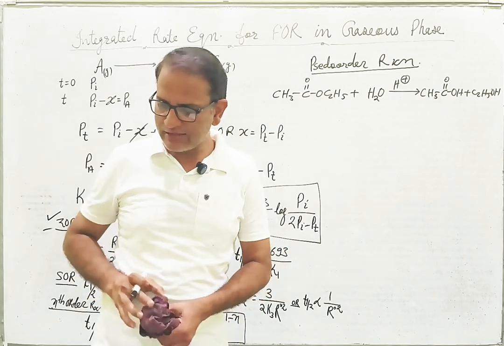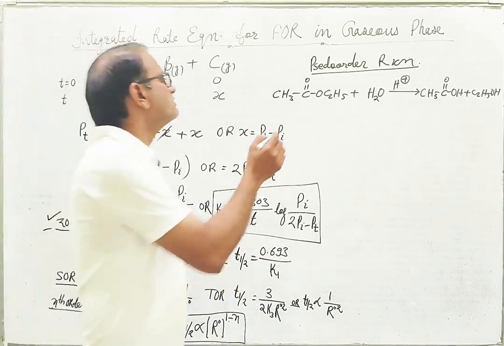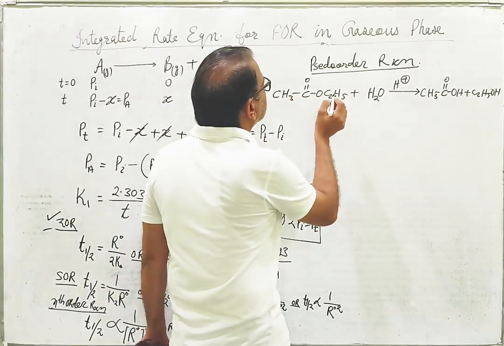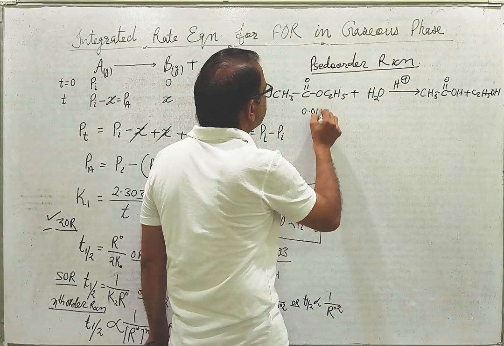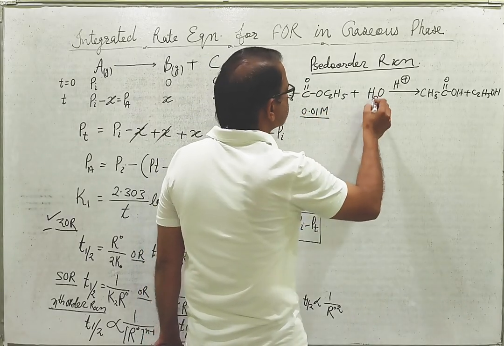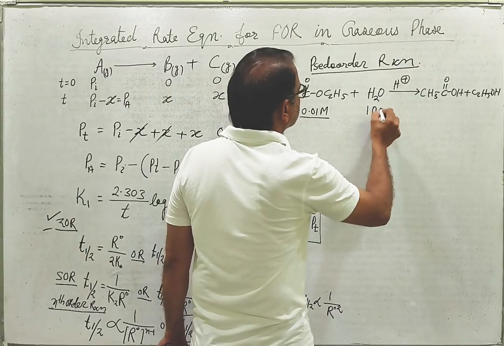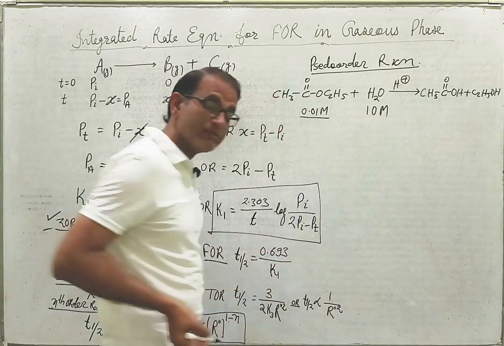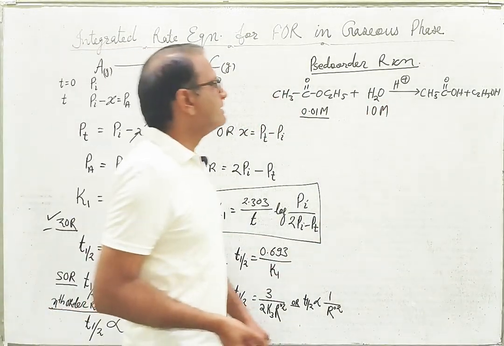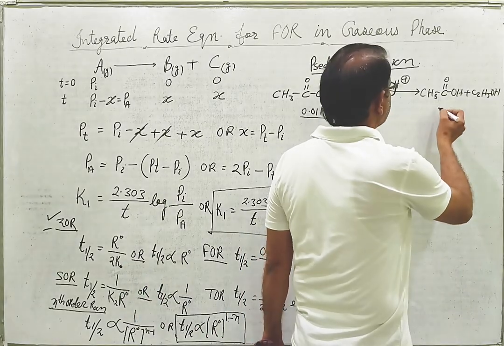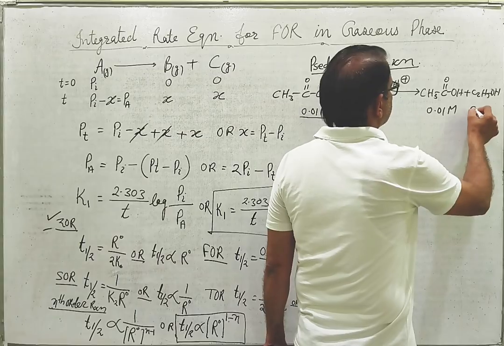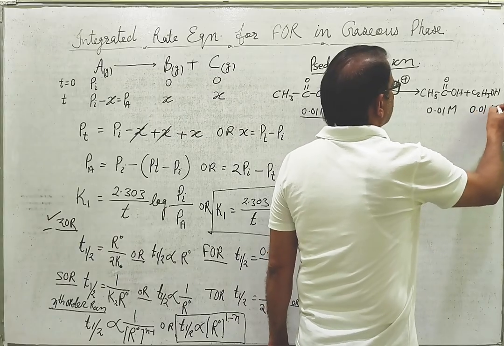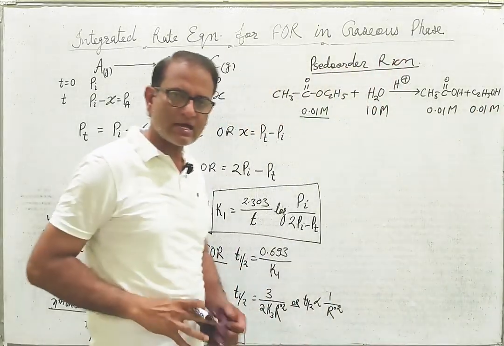The concentration of this ester is taken as 0.01 M. The concentration of water is in excess, say 10 M. And this will get 0.01 M, and this we will also get 0.01 M at the end of the reaction.